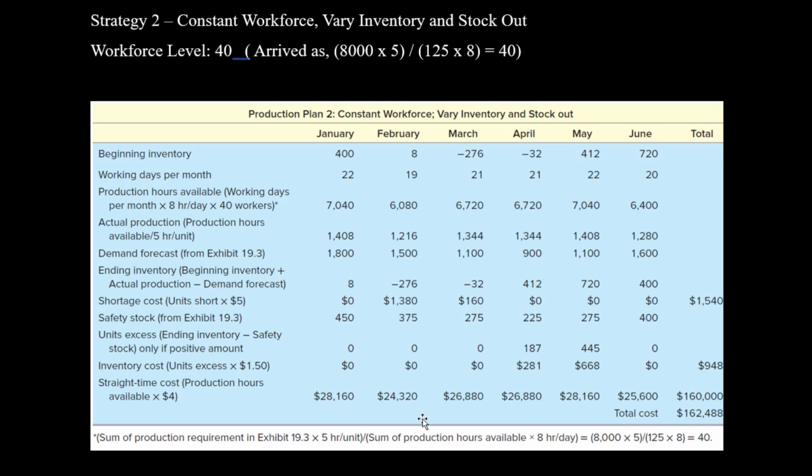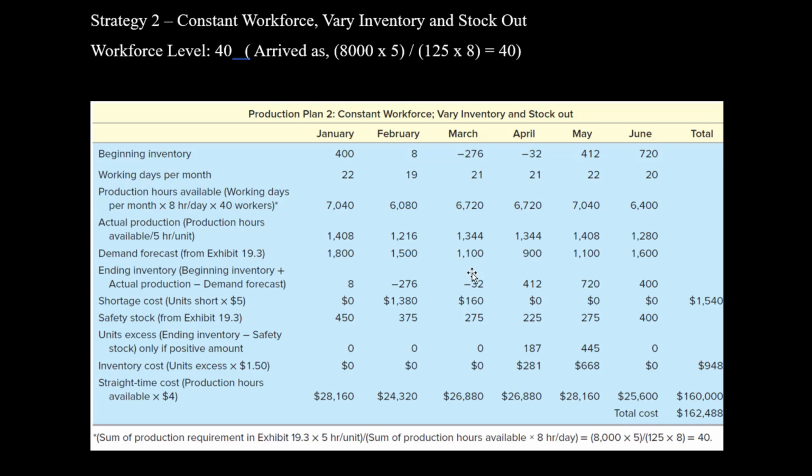In the beginning inventory, that is back order, we have 276, right? In this month we have 21 days, so 6720 hours are available. We can produce 1344. The demand for this forecast is 1100.